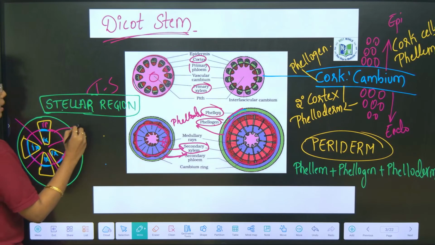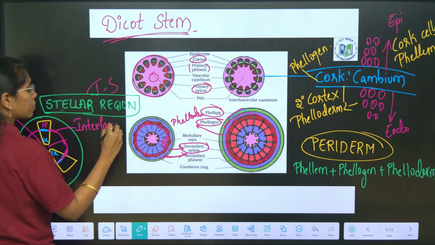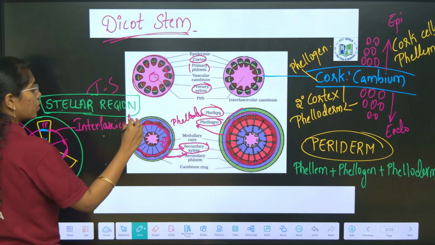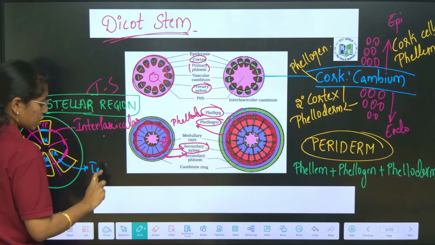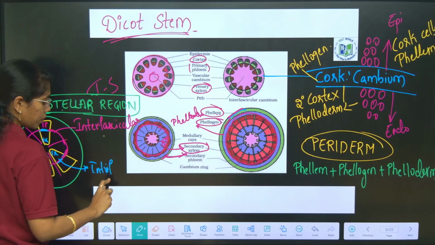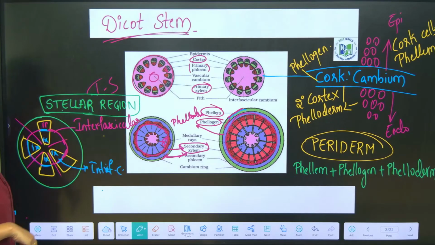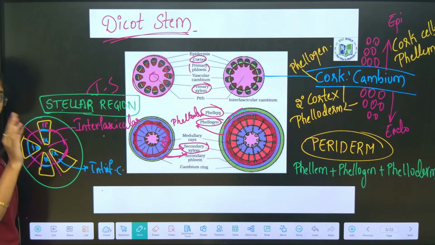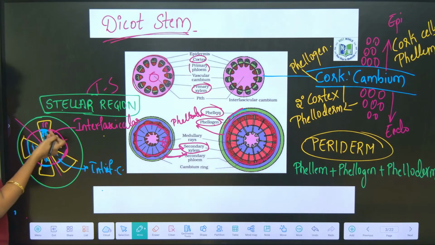So here the interfascicular cambium and intrafascicular cambium, both of them together they will form what? Cambial ring. This cambial ring will undergo what activity? Meristematic activity, and it forms cells towards the pith region, above the primary xylem.